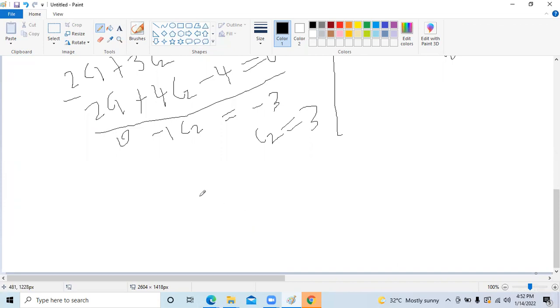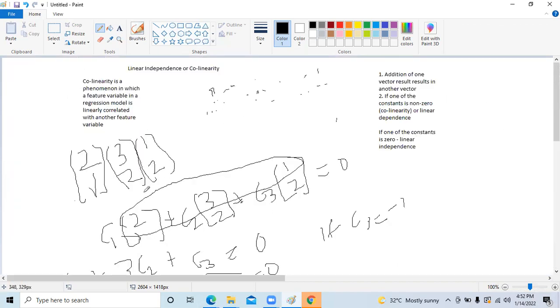C1 is minus 4. So let me see, how do we do? We have C1 at the beginning, right? I want to substitute into here.